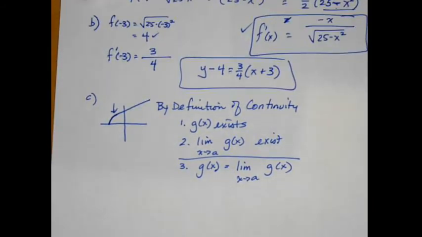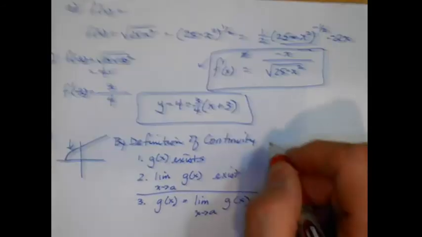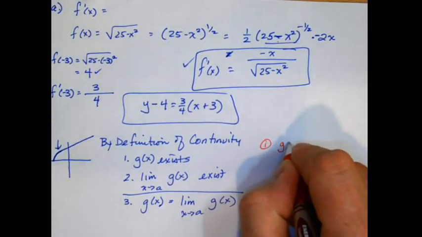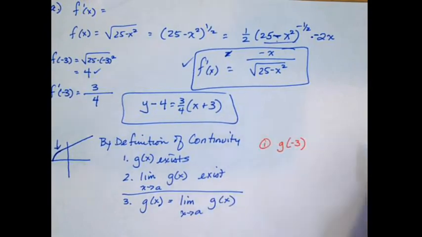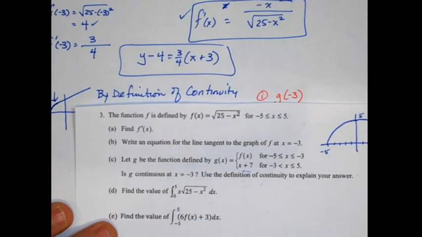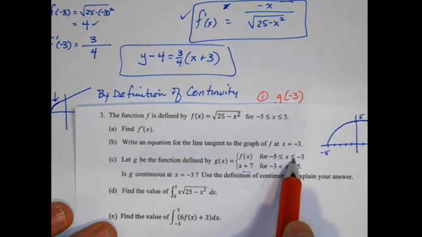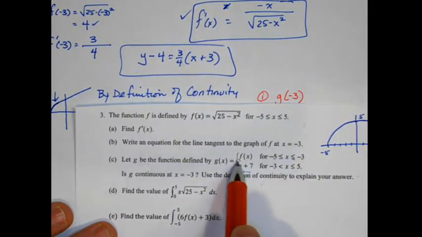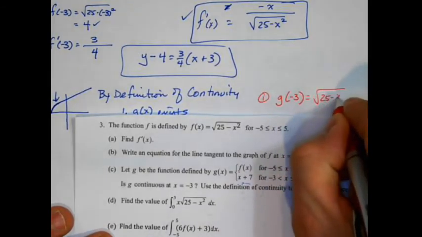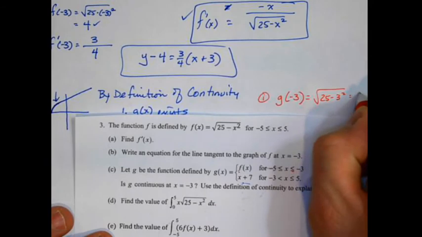So let's check number 1. Let's check to see if g of -3 exists. Because I'm checking at x equals negative 3, I need to determine which one of those functions I'm going to check for negative 3. Well, negative 3 occurs at f. That is going to be the square root of 25 minus negative 3 squared, which is 4.